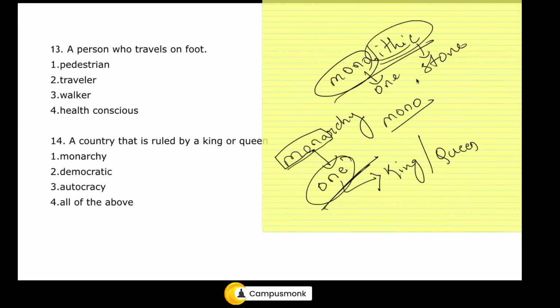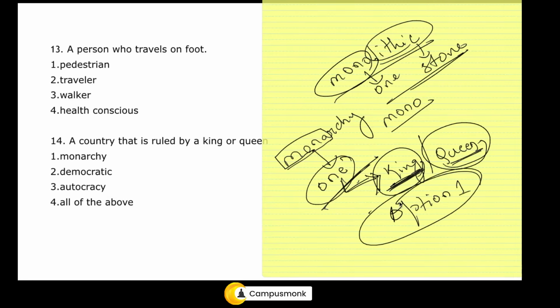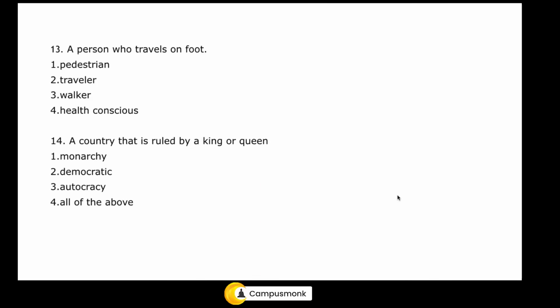So it is a single stone, one stone. Similarly, mono over here means one. Archy means rule, by a king or a queen. It's ruled by a single person. So monarchy is there in those countries which are ruled by a king or a queen. So what is the answer? The answer is simple. It is in option number 1. So a country that is ruled by a king or queen is known as a monarchy.